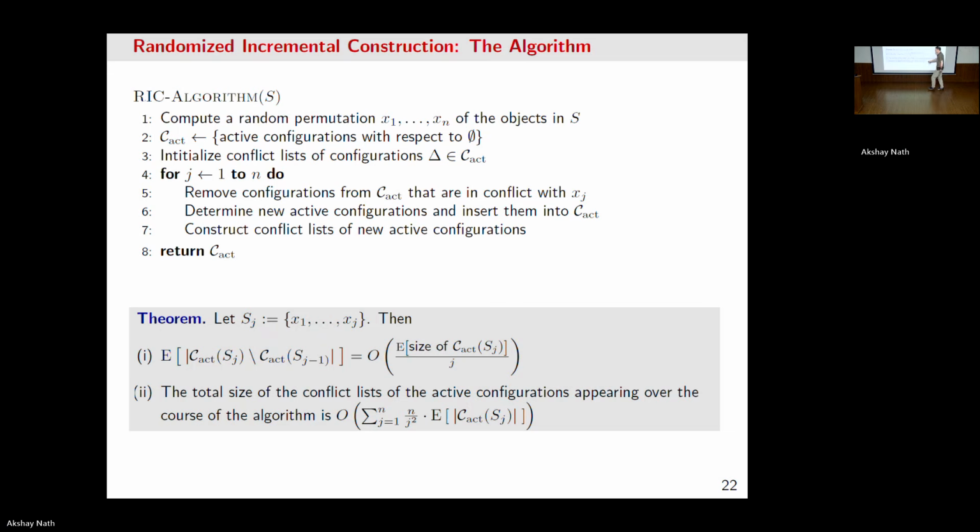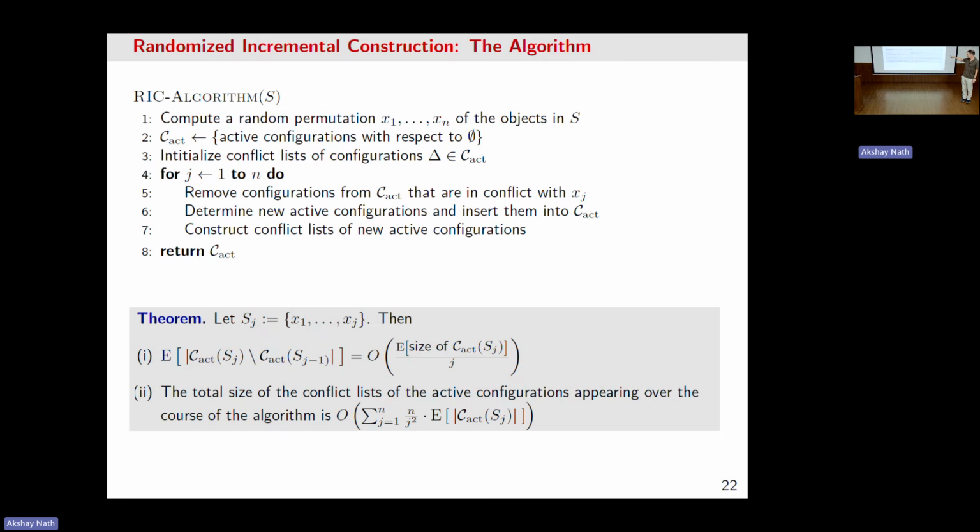Okay. What is the expected number of these things? That's this here. And let's see if we can understand that. That's also where the fact that the number of defining elements is a constant comes in.